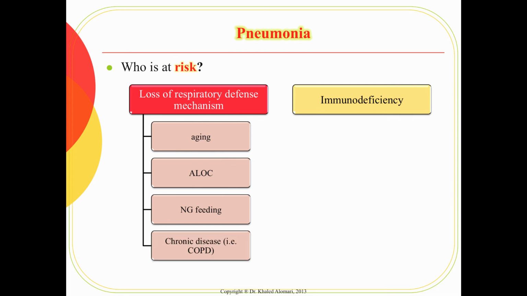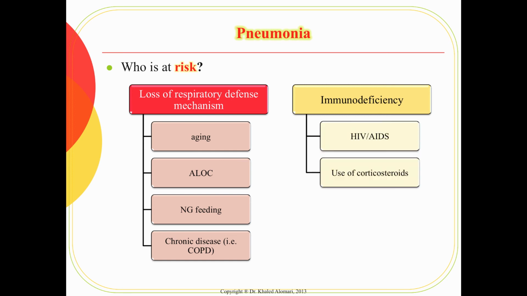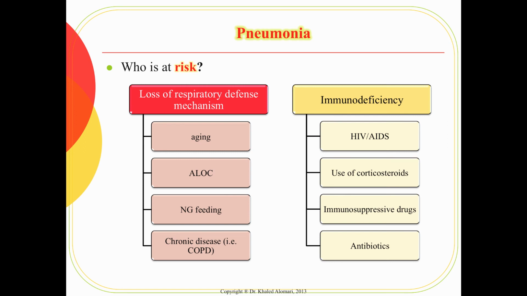Also patients with diseases like COPD lose these mechanisms. Patients with HIV, prolonged use of corticosteroids, or medications that suppress immunity, like the medications used after transplants. Also, chronic use of antibiotics can decrease the immunity, and so these patients become at high risk for pneumonia.